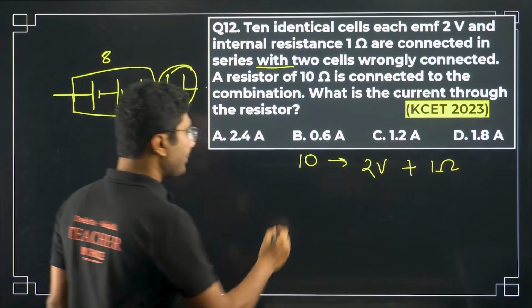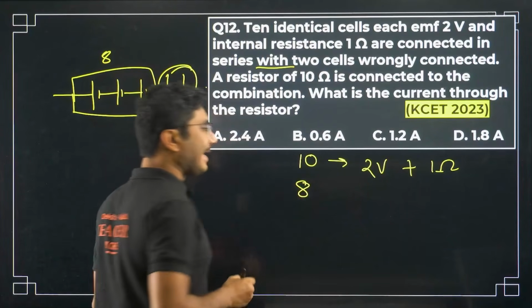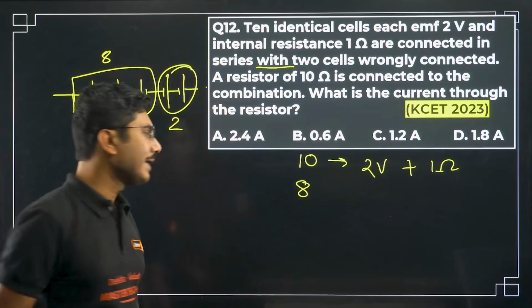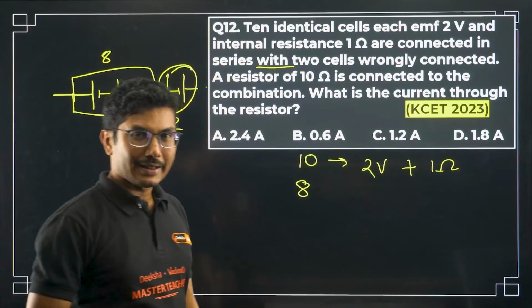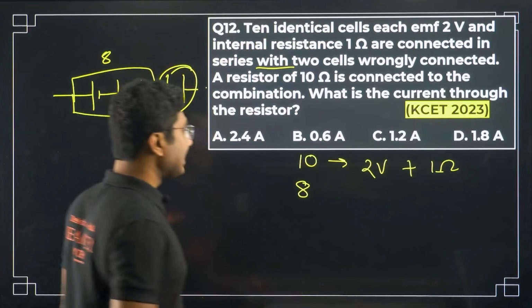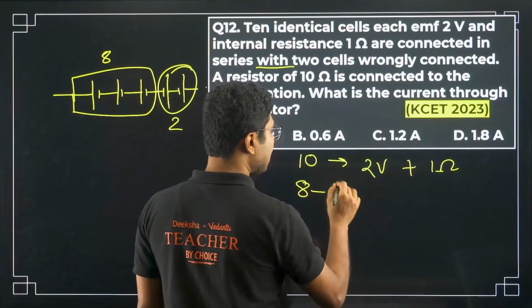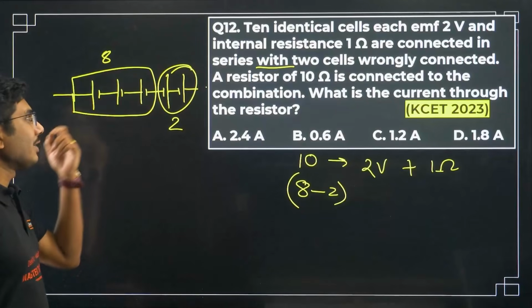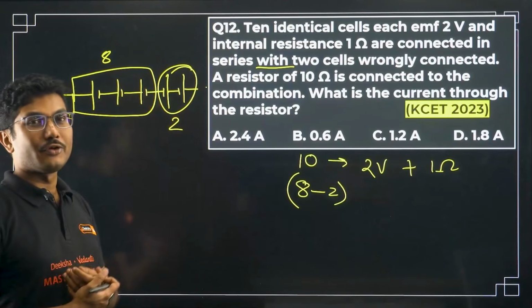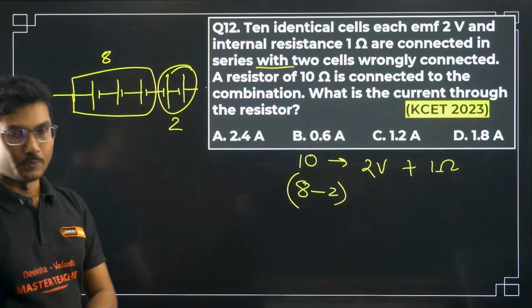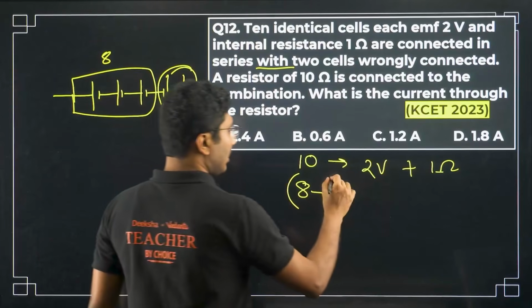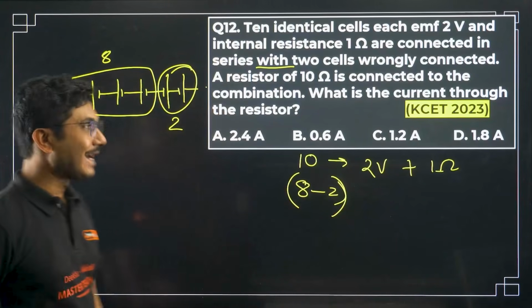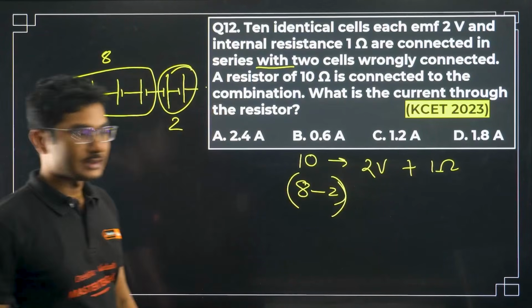So how many of them are properly connected? 8 of them. How many are wrongly connected? 2 of them. Opposite polarity means they are reducing the voltage. So 8 minus 2 is the number of cells effectively connected in a single direction.